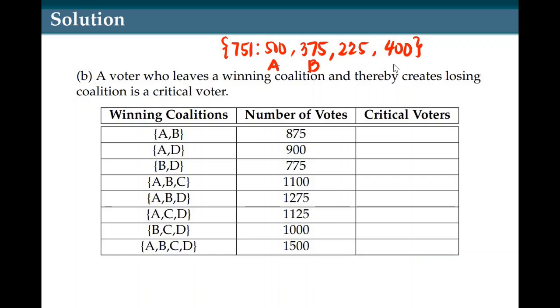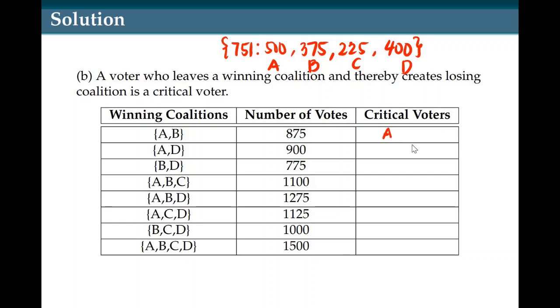It's A, B, C, and D. Okay, so from the winning coalition A, B, the number of votes is 875. So if voter A leaves the coalition, this will be a losing coalition.